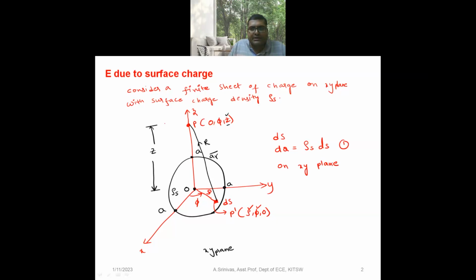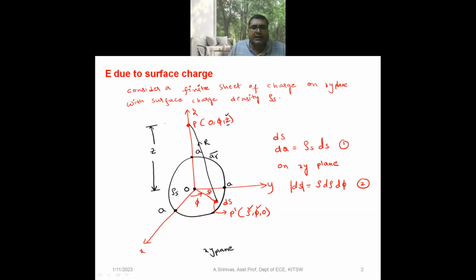So the magnitude of differential normal surface on xy plane, the associated coordinates are rho and phi. The differential surface is rho d rho d phi. Let it be equation 2.